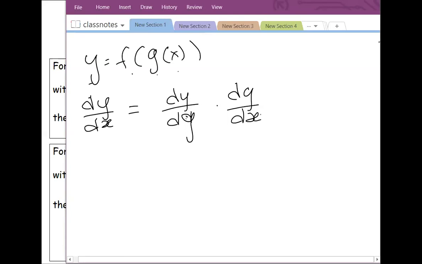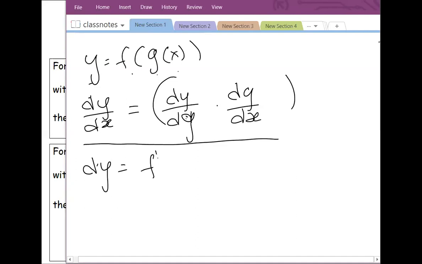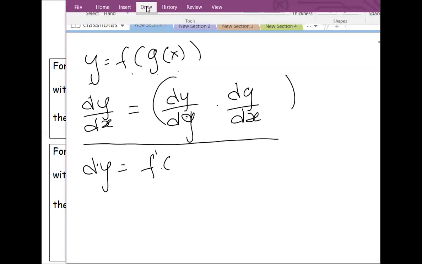So how can we use the basic definition of derivatives to prove this? Let me show you, right? All I have to do is I know that dy equals f prime of x, right? Or let me write this my own way.